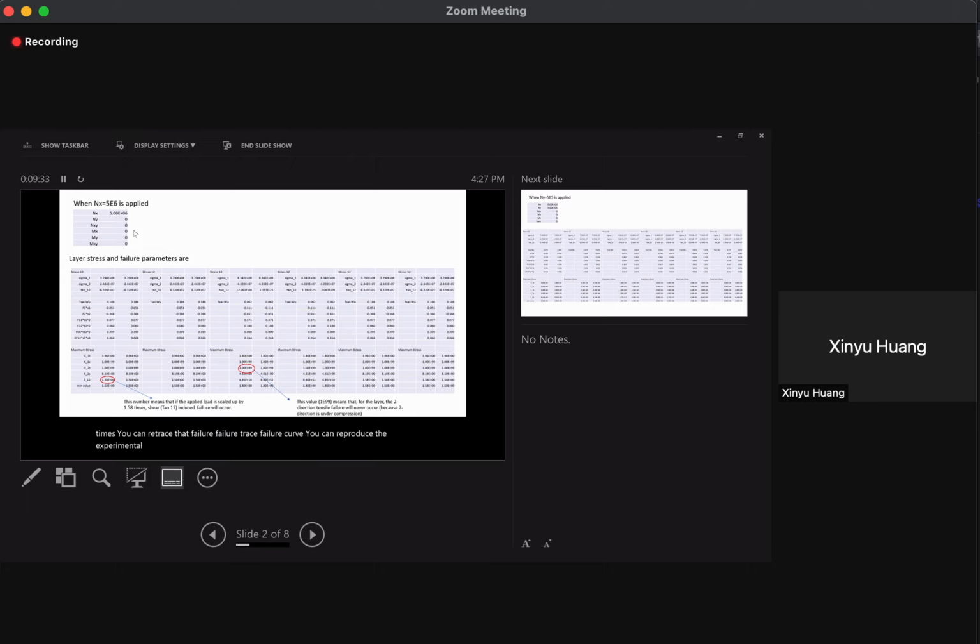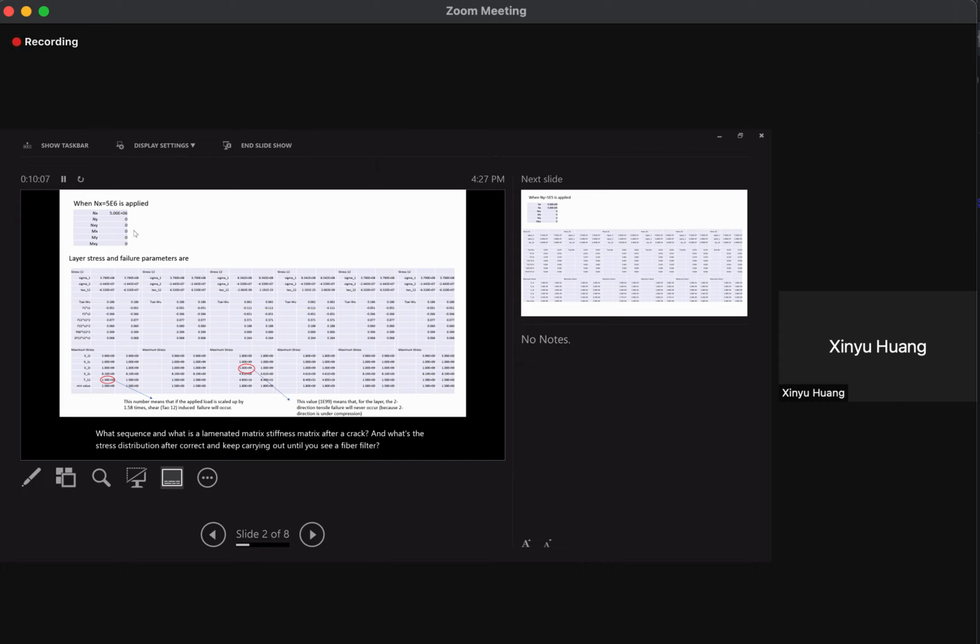Okay. That will be the last project I want you to do. I'll give you a set of conditions. You want to do your CLT analysis. I want you to predict the whole failure sequence. From the first ply crack, second ply crack, third ply crack, you want to predict which ply cracks, in what sequence, and what is the laminate stiffness matrix after a crack, and what's the stress distribution after the crack, and keep carrying on until you see a fiber failure.